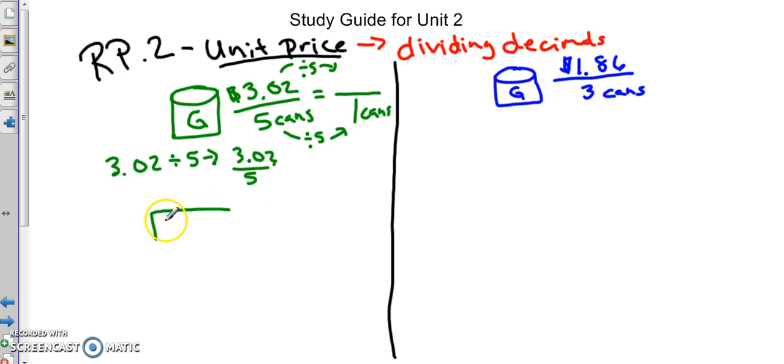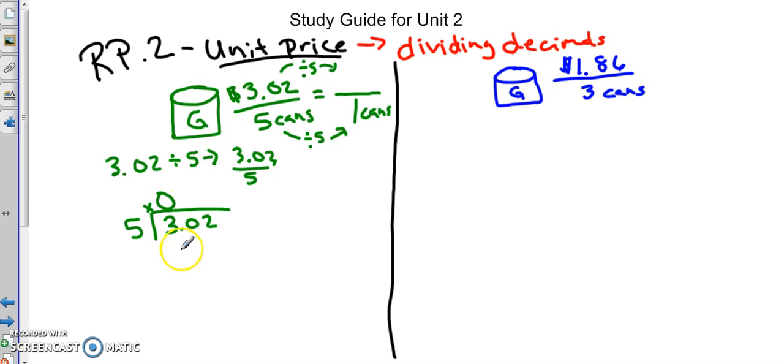It's very important. 3.02 goes inside and 5 goes outside. This method is different from your partial quotient method or the big 7. You want to take the 5 and ask yourself, how many times does 5 go into 3? Of course, 5 does not go into 3, so we place a 0. This is the closest I can get to 3 without going over.